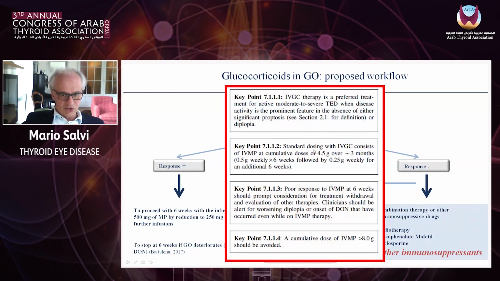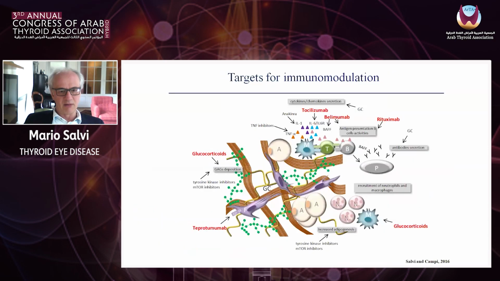The standard dosing should be the intermediate dose proposed by Ugogo. But if there is poor response after 6 weeks, we have to consider moving on to something else. And we have to try to limit the dose of steroids to 8 grams. This is the scenario of the players in this disease.